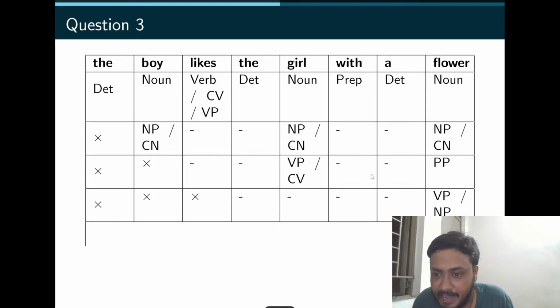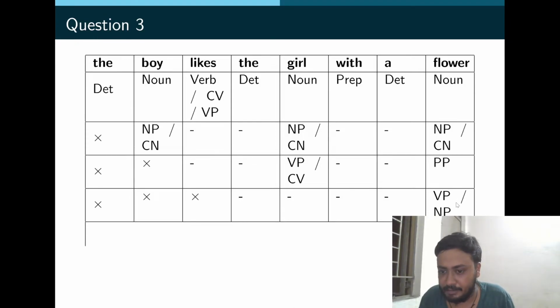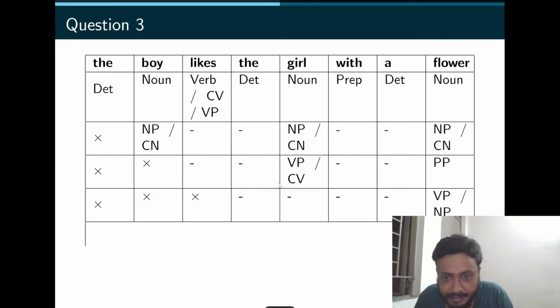But we can actually combine these rules, right? So this is what you need to take care of. And this will lead to the different parse trees. All right. So once more, over here, when we take CV with PP, then we get VP. But if we take CN with PP, we get NP.